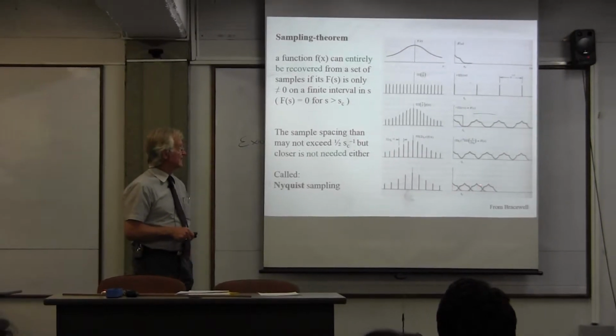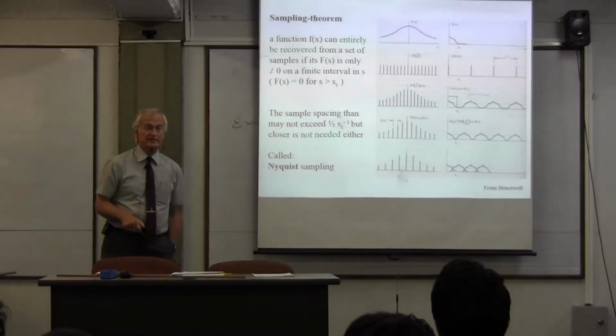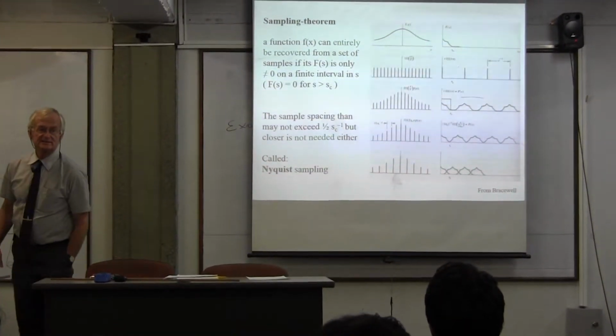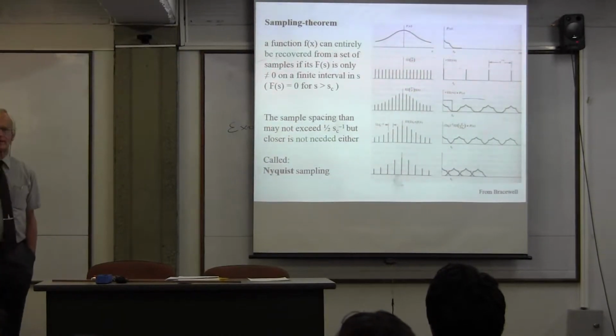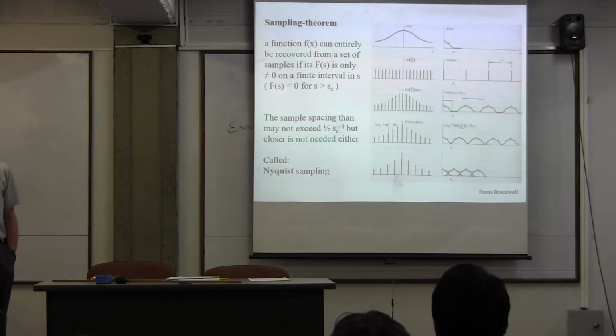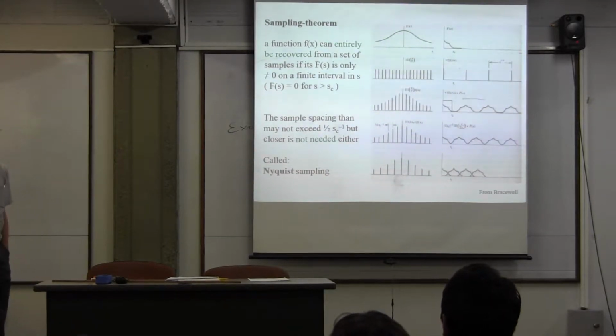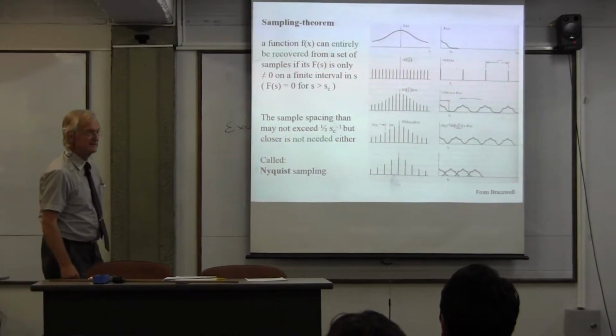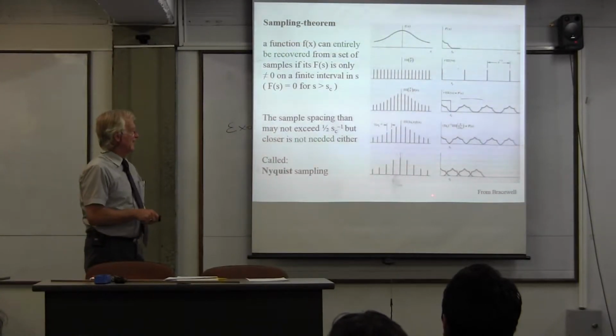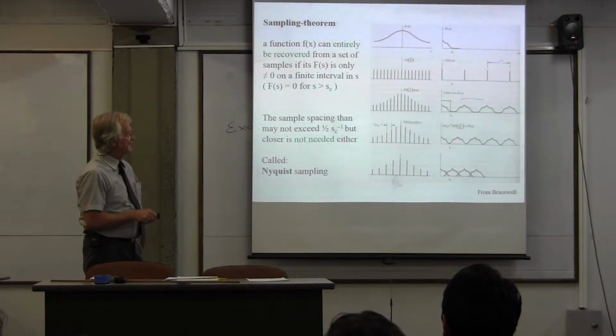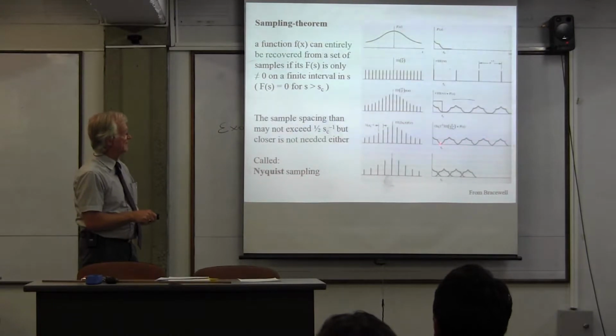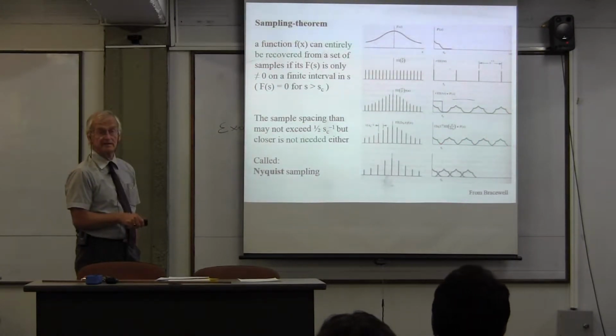So this is a way of losing information. But that's of course clear. You can imagine if I have a function that wiggles like that and I take a sample here and there, too far apart, then obviously I'm destroying information. And this repetition then is not particularly relevant, and I can just throw that away.